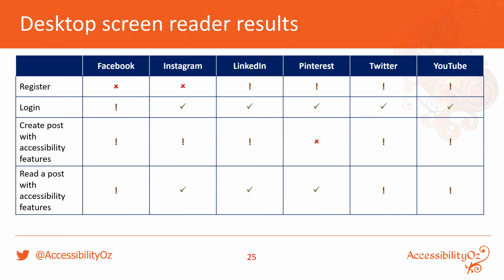So there's a few things here that I want to talk about specifically. Facebook, one of the reasons why we failed this is that Raf, for some reason, when he was accessing the register feature, would trigger the Google reCAPTCHA, and the Google reCAPTCHA is not accessible, no doubt, despite what Google says.